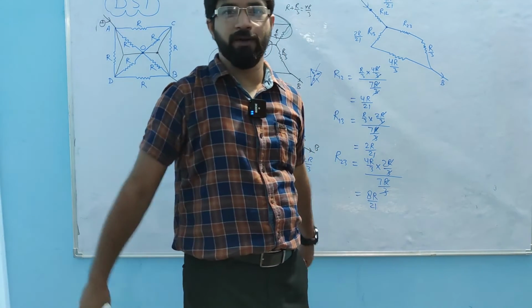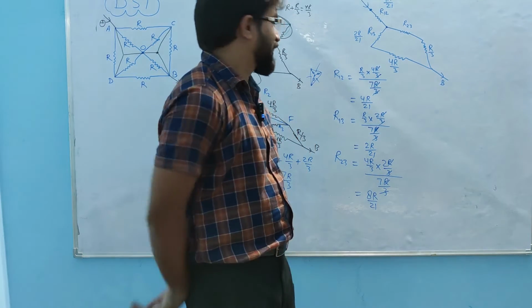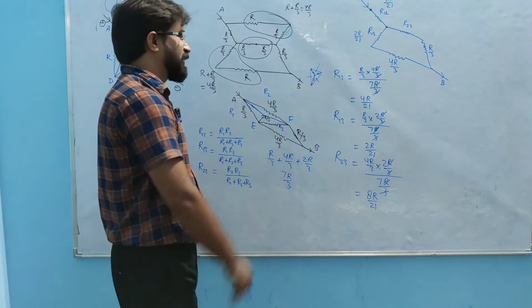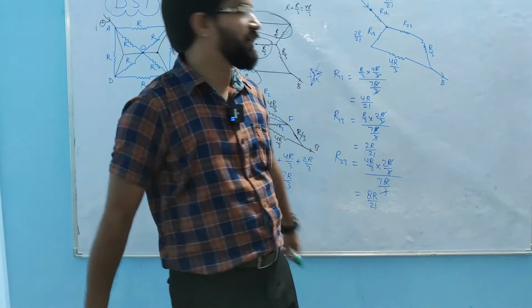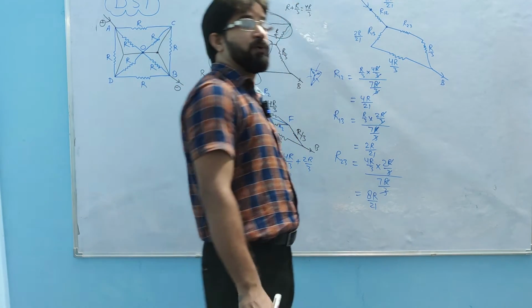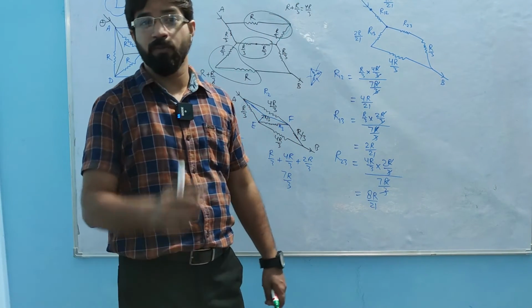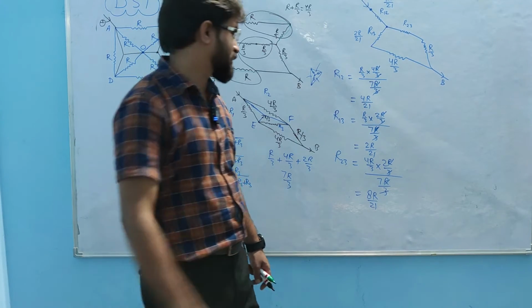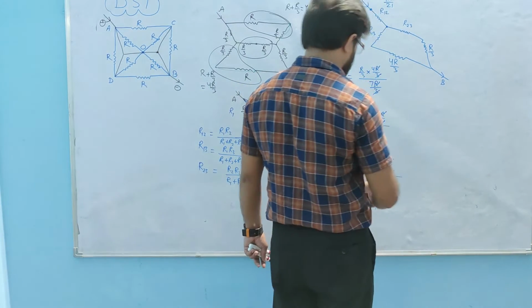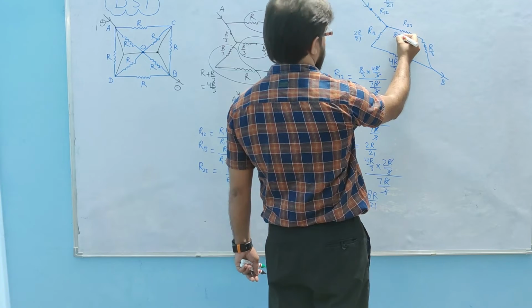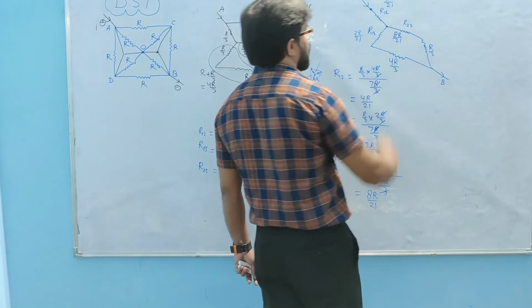Too much calculation we are doing, it should not be wrong, otherwise we have to recheck our calculation. So don't lose your patience, this kind of problem checks your patience. So this is 8R by 21.